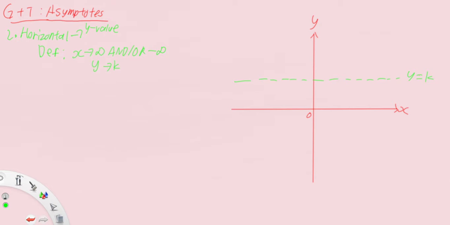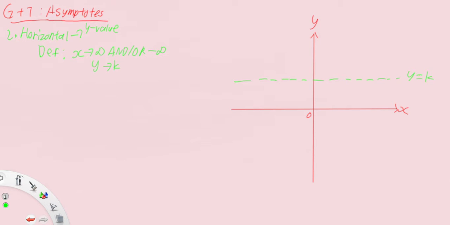If x approaches infinity and y approaches k, there will be an asymptote at y equals k. If x approaches negative infinity and y approaches k, there will also be an asymptote at y equals k. And another case is if x approaches infinity or negative infinity and y also approaches k, that means the asymptote occurs at both ends.